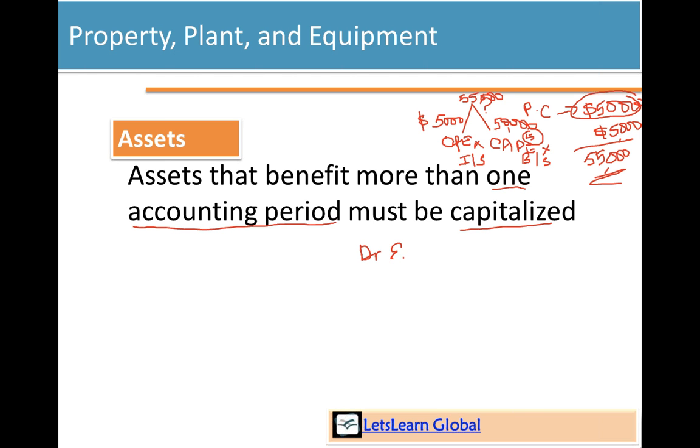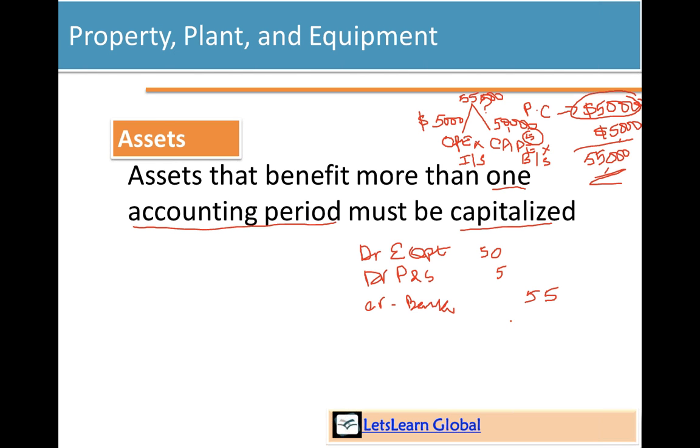And the entry here would be: debit equipment 50K, debit printing stationery 5K, credit bank account or supplier account. If you are buying on credit, the supplier name will come, a non-trading supplier.